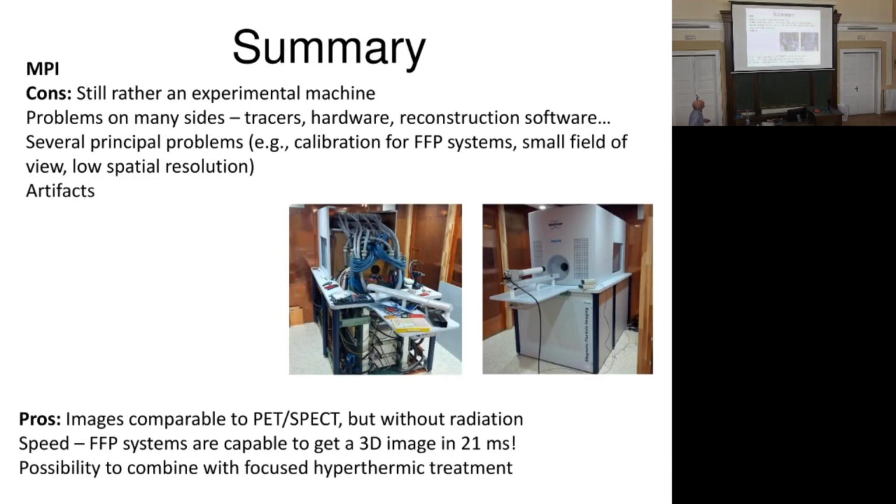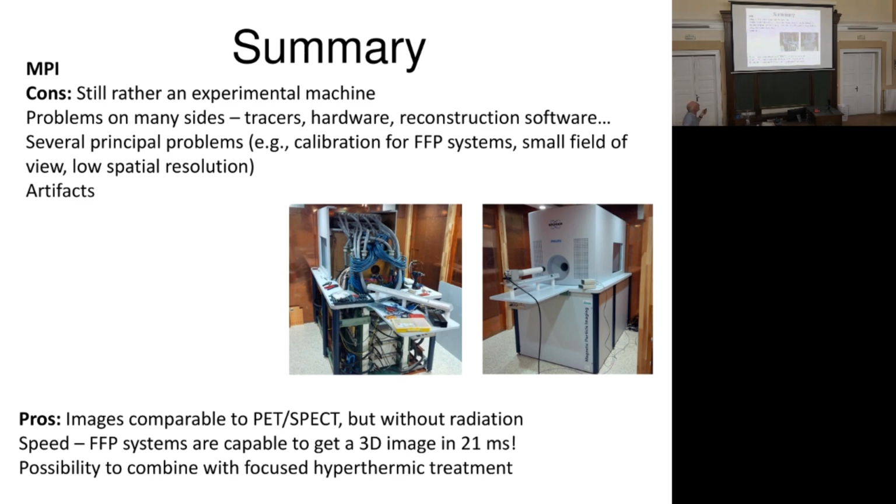So, to summarize it, why MPI? This is against. It's still rather an experimental machine, at least the field free point machines. And there you encounter a lot of problems on many sides: tracers, hardware, reconstructions.